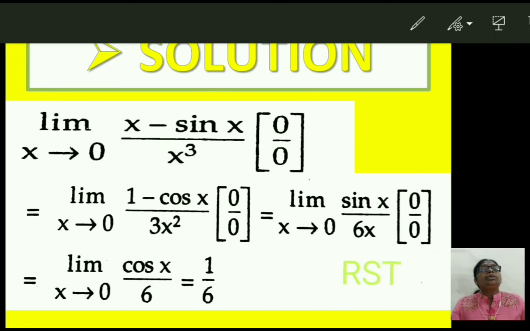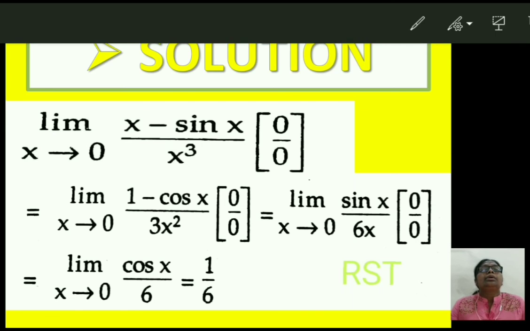So we use L'Hospital's rule again, since the indeterminate form is 0 by 0. That means we take derivative of numerator and denominator.